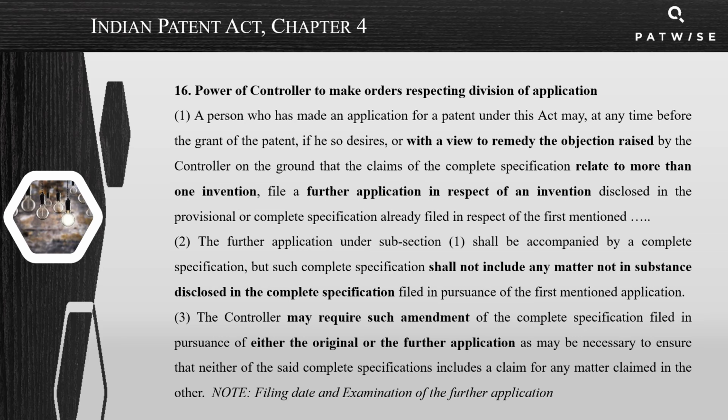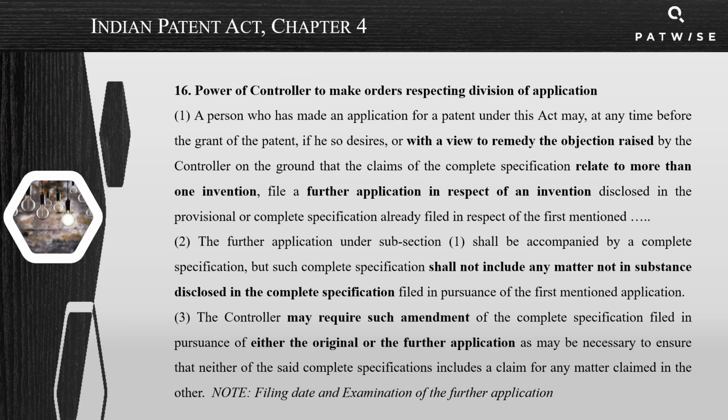Now the most important aspect is the controller also has the powers to require an applicant to remove or amend any such matter so that he ensures that for the same invention two patents are not being granted. That means the same invention is not being filed in the first application as well as the further application.